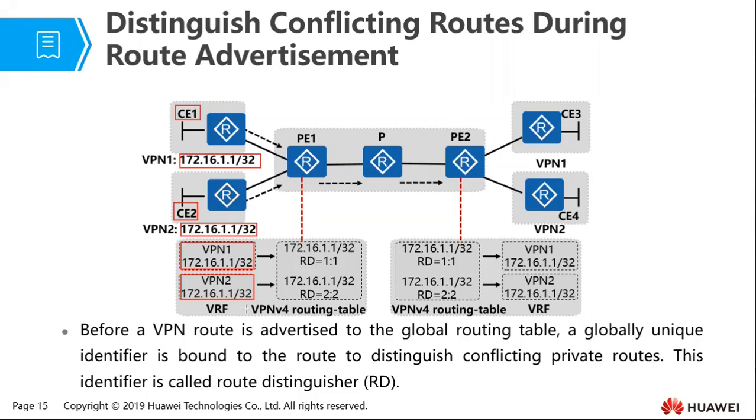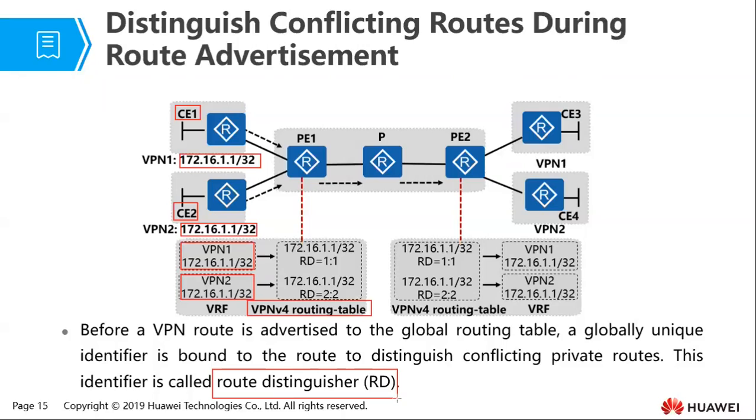Now, after doing that, it is going to transfer these particular routes into what we call a VPN v4 routing table. Now, what is a VPN v4 routing table? A VPN v4 routing table maps a particular address with an identifier which we call a route distinguisher, or RD.